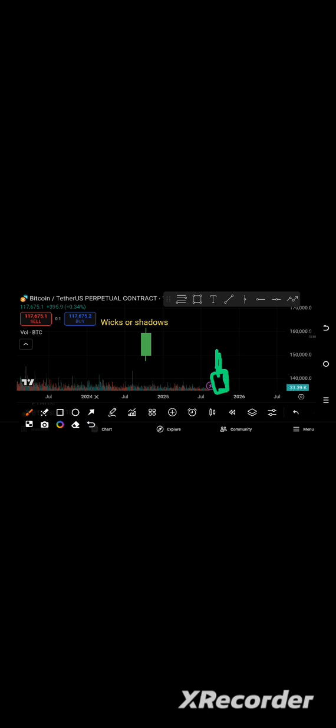This will be a red candle because its open price is on the upper side of the candle, so it has fallen down. So this candle will leave a wick, a red wick on the top of it. Hope you're getting me. The red candle to make a wick will open like this.